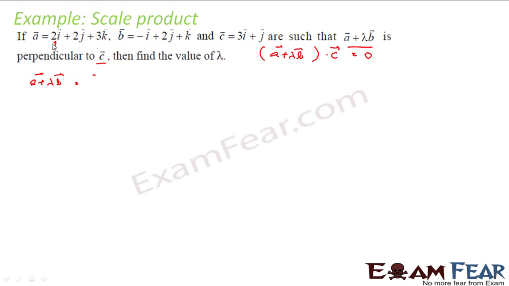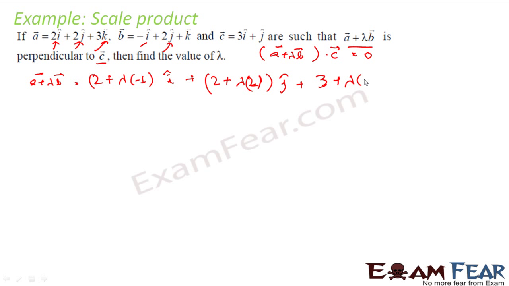This is nothing but the I part: 2 plus lambda into minus 1, the whole thing into I, plus, let's take the J part, 2 plus lambda into 2, the whole thing into J, plus, now we'll take the K part, 3 plus lambda into 1, and the whole thing into K. Correct?